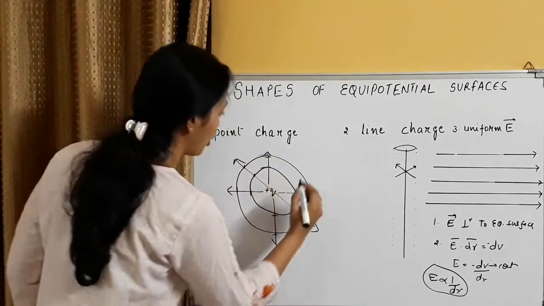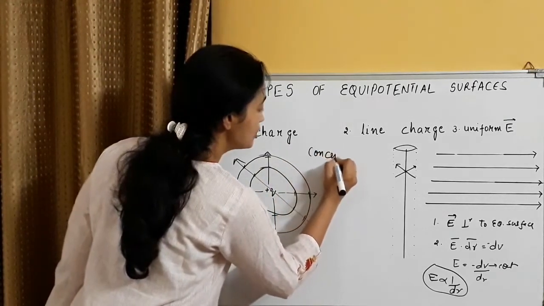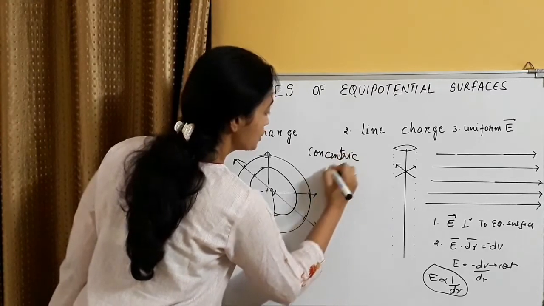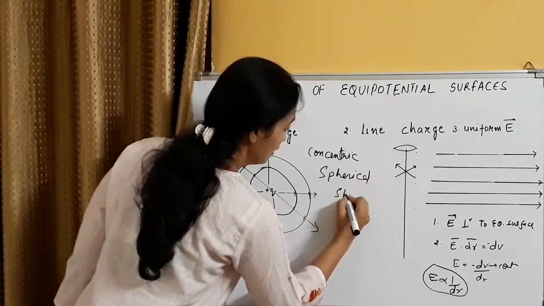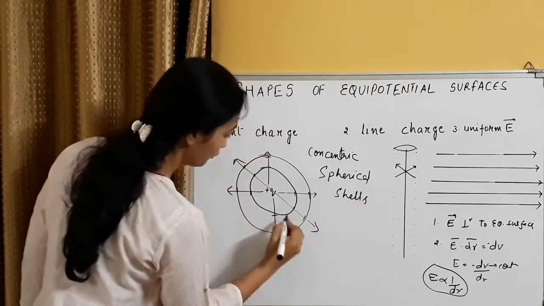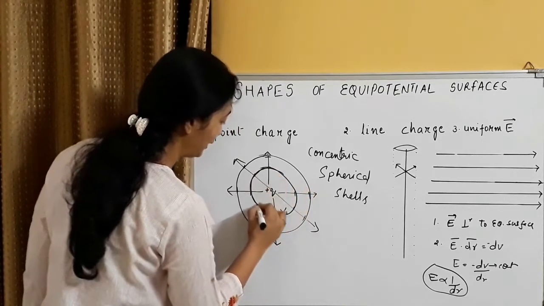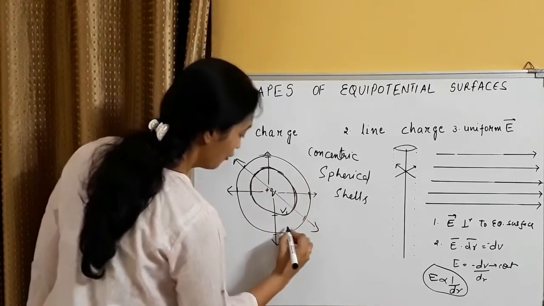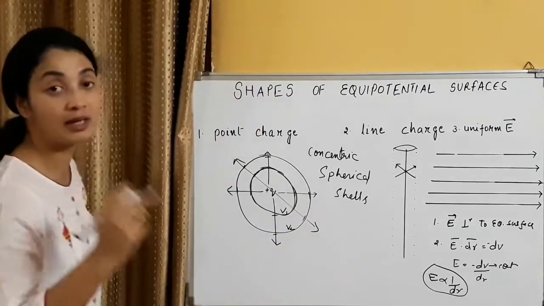So what is the shape of equipotential surface for a point charge? It is concentric spherical shells. That means for the first shell the potential is V1, and on the complete shell it is V1 only. For the second shell it is V2, for the third shell it is V3, and so on.